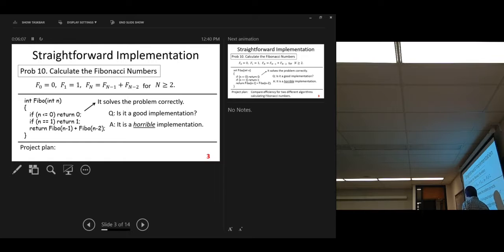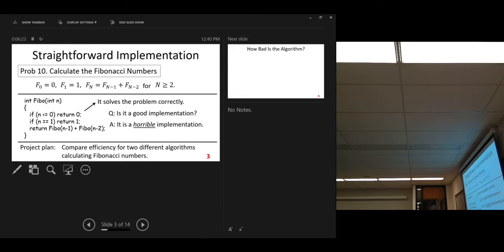Here, I give you your first programming project. My plan for your first programming project. This problem. Okay? We compare a good one and a bad one. Compare efficiency for two different algorithms calculating Fibonacci numbers.